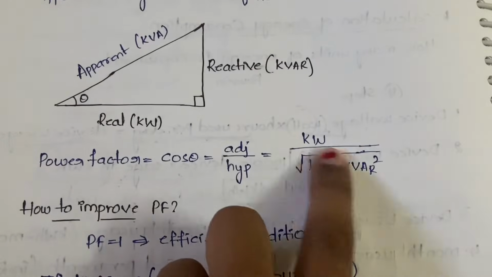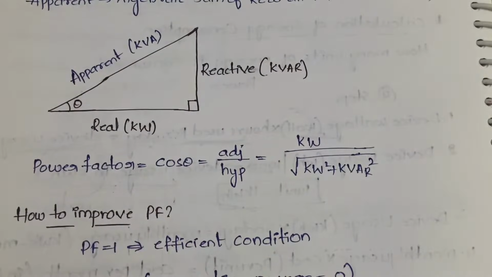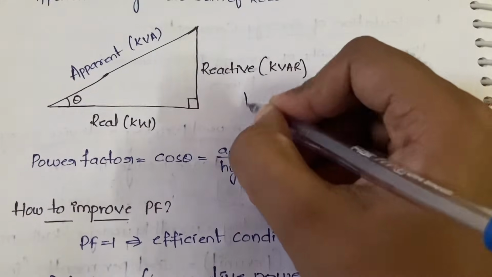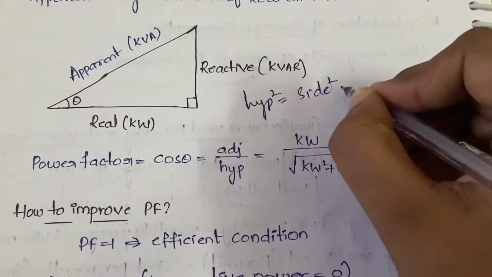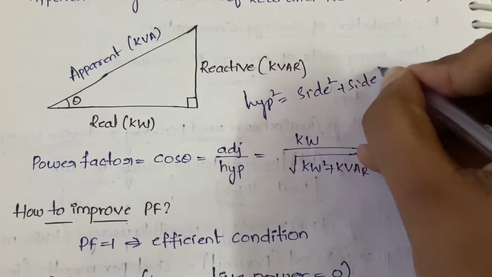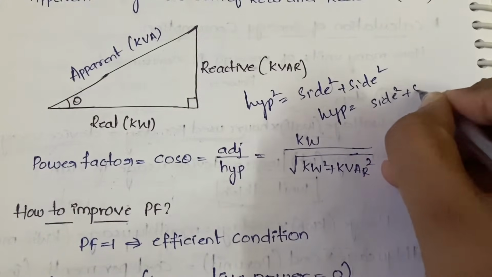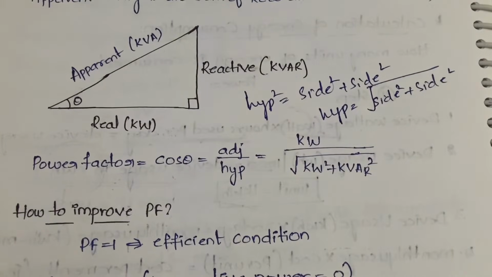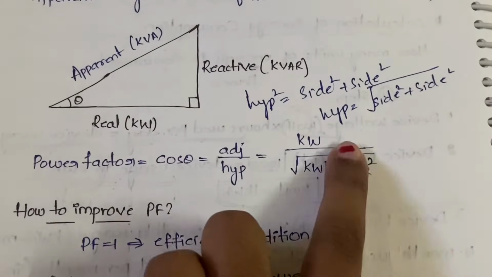Algebraic sum is nothing but root of kW square plus kVAR square. Hypotenuse means what? According to Pythagoras theorem, hypotenuse square is equal to side square plus side square, so hypotenuse will be equal to the square root of side square plus side square, right? So this is how you get this. Now this is the formula for power factor.